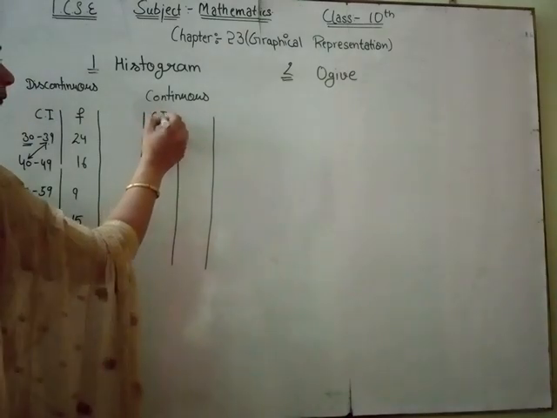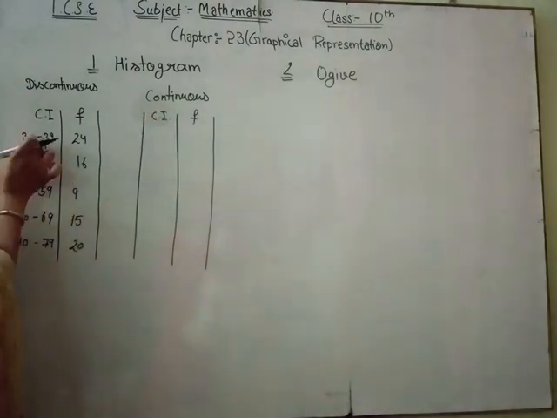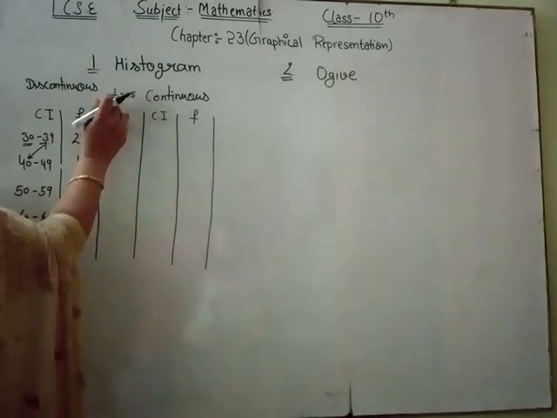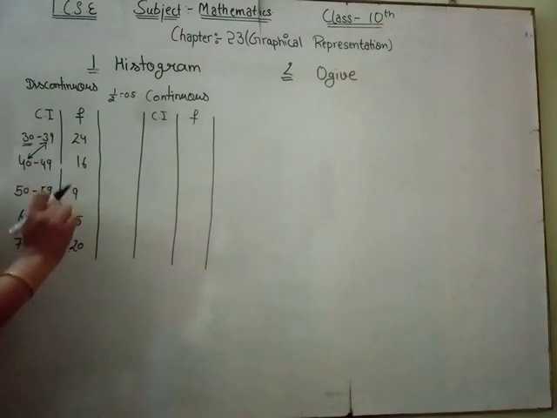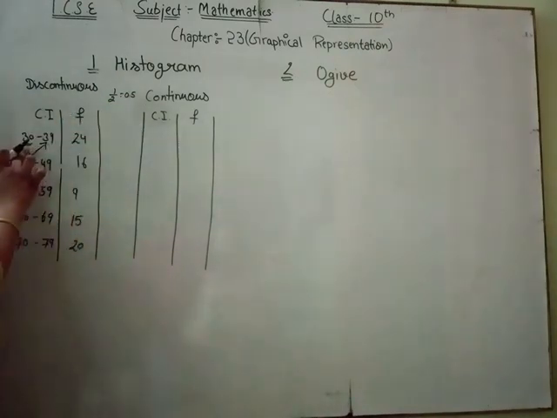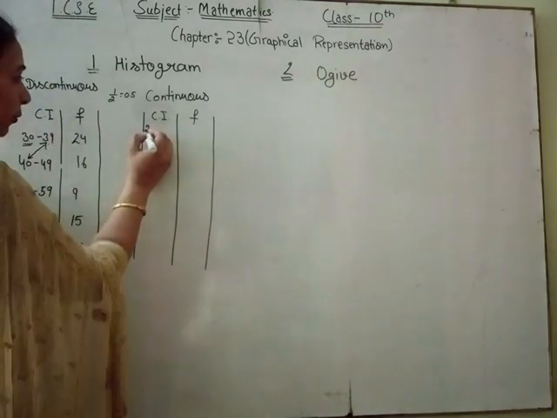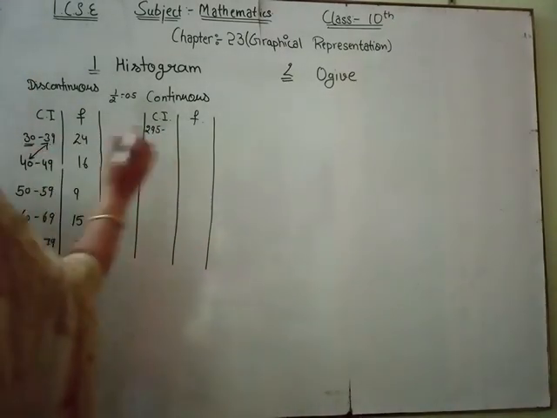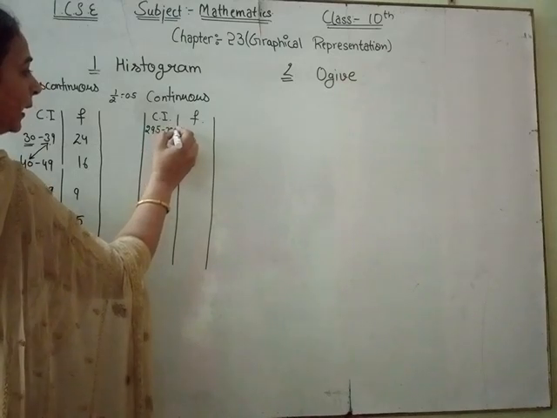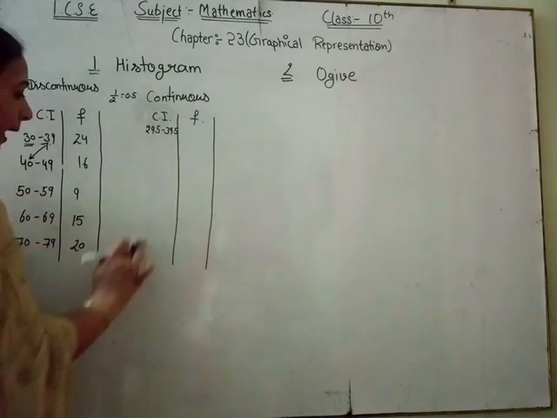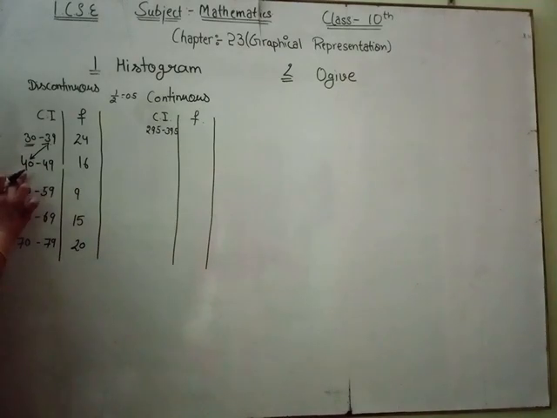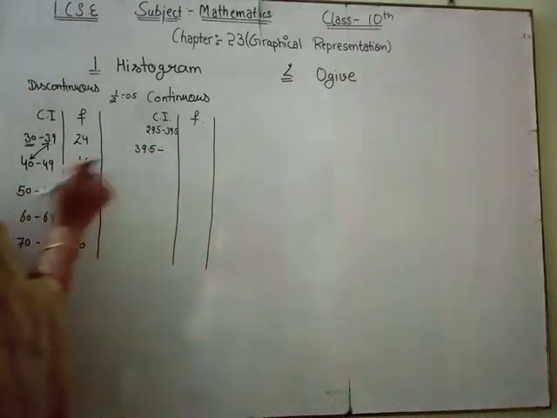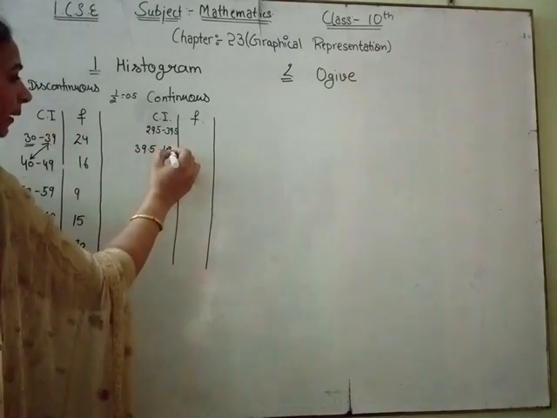Again, class interval and frequency. 30 minus 0.5 gives 29.5, because the difference is 1 and we divide it by 2, giving 0.5. And 39 plus 0.5 equals 39.5. Next, 0.5 subtracted from 40 gives 39.5 and added to 49 gives 49.5.